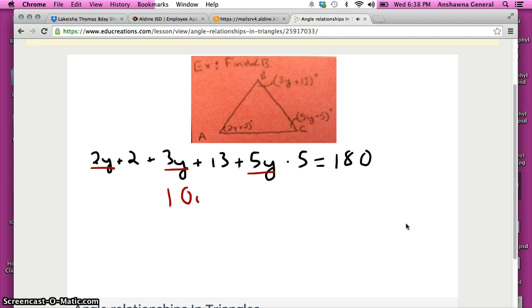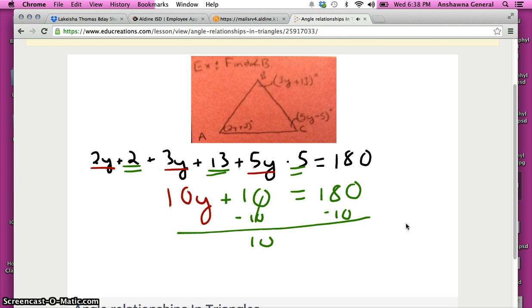So we have 10y, then 2, 13, and negative 5 add to plus 10, equals 180. Minus 10 on both sides. So you're left with 10y equals 170. Divide by 10. So y equals 17.